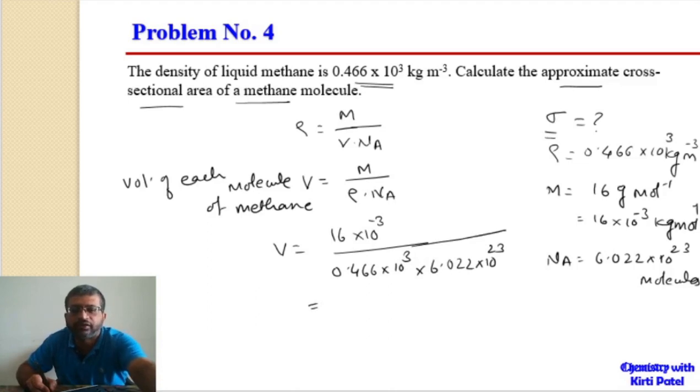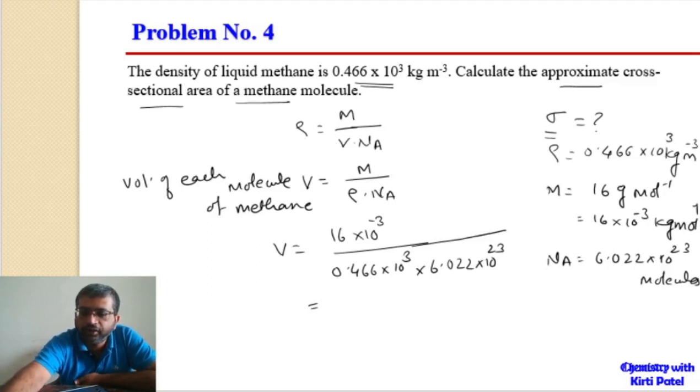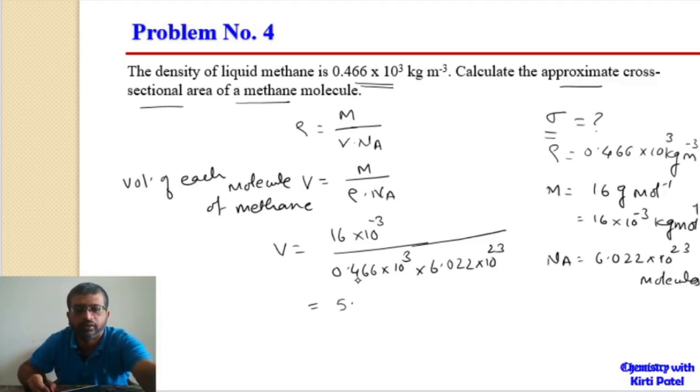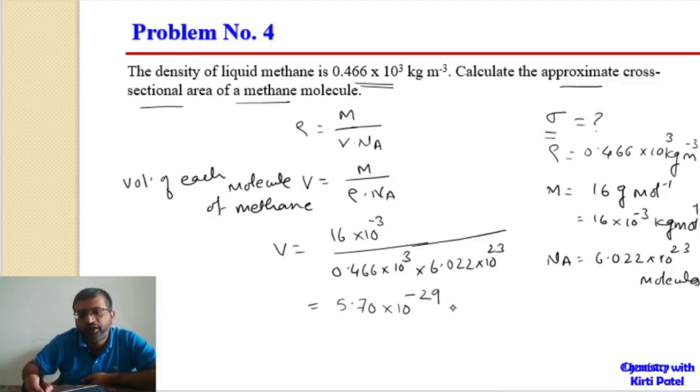If we calculate this, we have 16 divided by 0.466 divided by 6.022 as 5.70 into 10 raised to, since 10 raised to minus 3 goes up by 3 to give minus 6, and the 23 goes up, it will be 10 raised to minus 29 cubic meter per mole or per molecule.